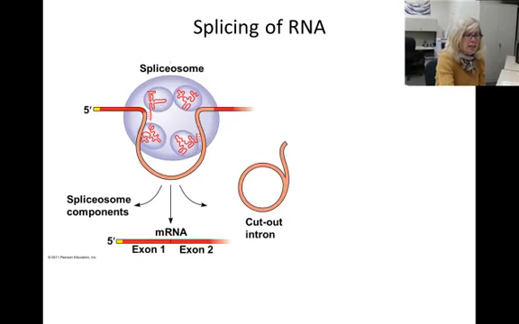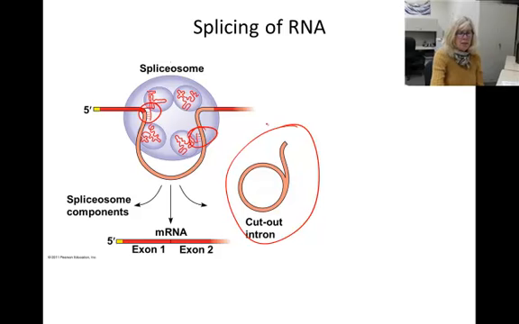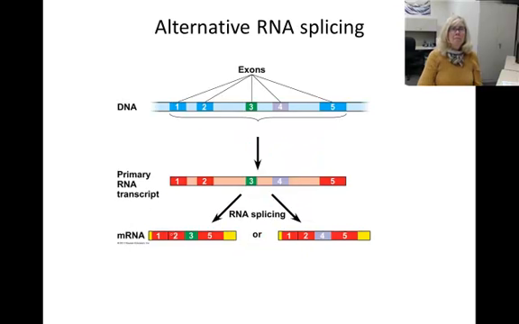The spliceosome has sites that match sites on the intron that's going to be removed, causes the mRNA to bend up. It removes the unneeded part of the mRNA molecule and then binds the exons together to replace it. Splicing is a way to regulate gene expression because different cells keep different exons during splicing.